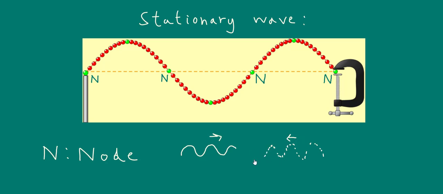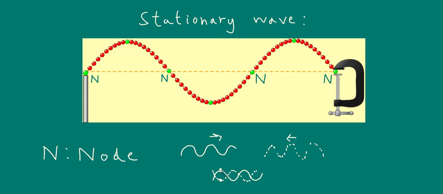Now, when the original waves moving to the right and the reflected waves meet, they will of course superpose, and at some point in time the two waves will be overlapping in the following way. Notice at this position here, we've got a crest from the wave traveling to the right, exactly in line with a trough from the wave traveling to the left.